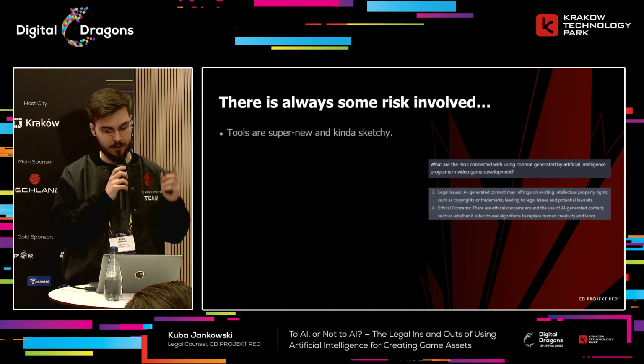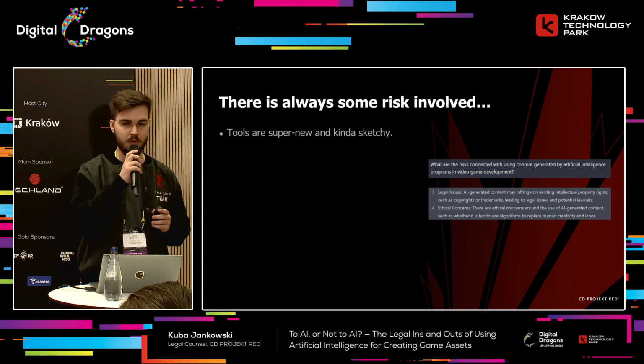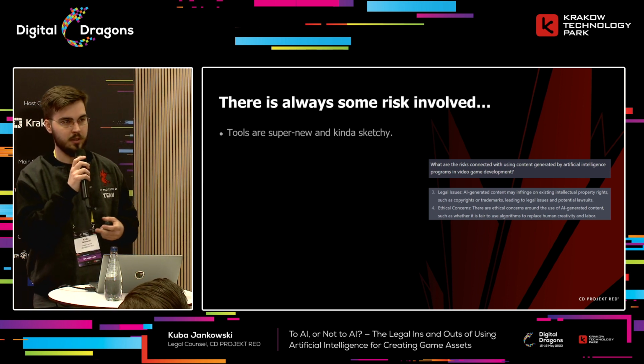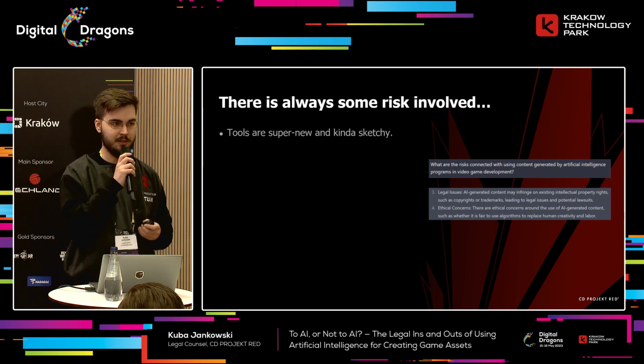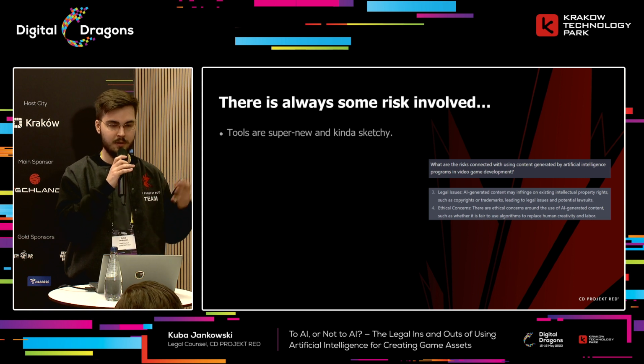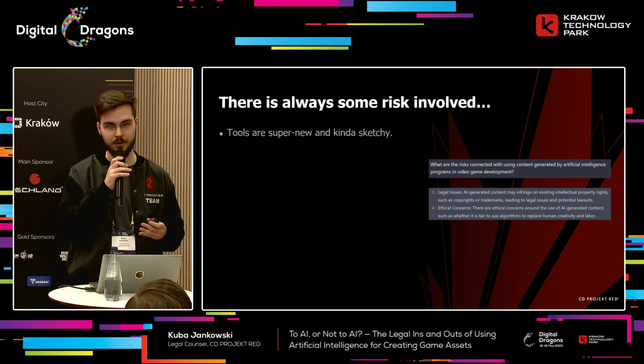So the new tools are super new and kind of sketchy. So I believe that most of the tools that are currently available were not ready to be put out on the market yet, but most of them were put on the market to be first or somewhere in the forefront of the arms race of the AI tools.